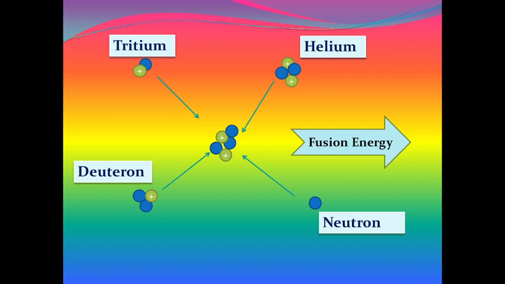Here all these lighter nuclei will combine to give a heavier nucleus. They will produce energy. That energy we call fusion energy. So this is the example for a nuclear fusion reaction.